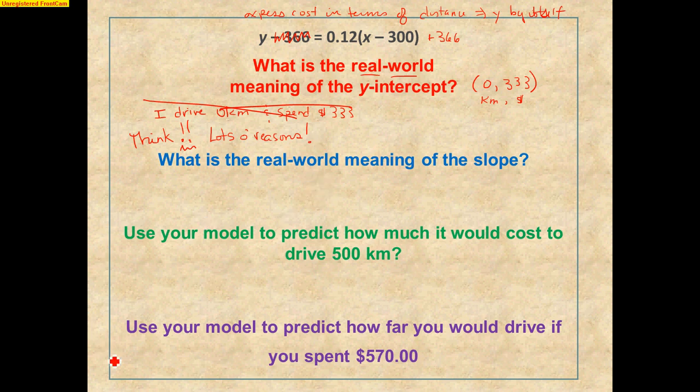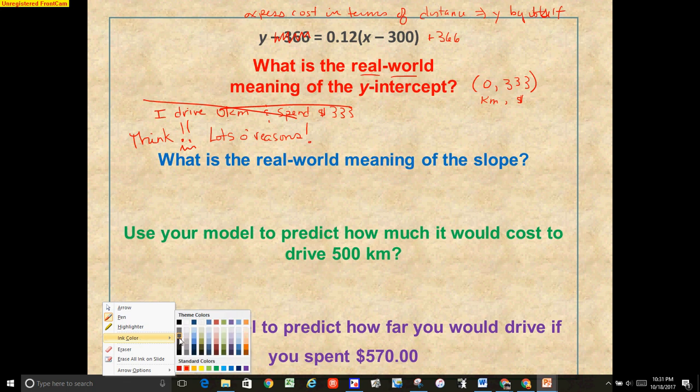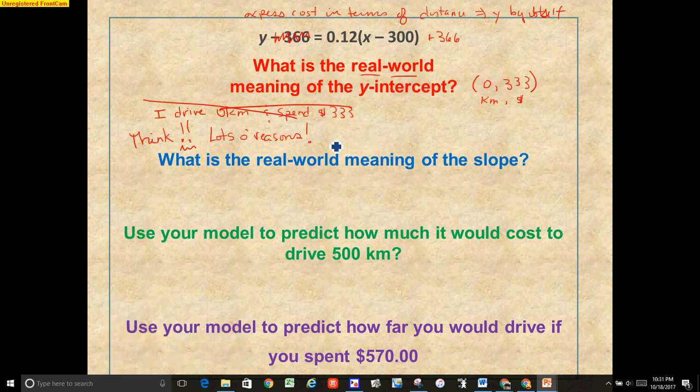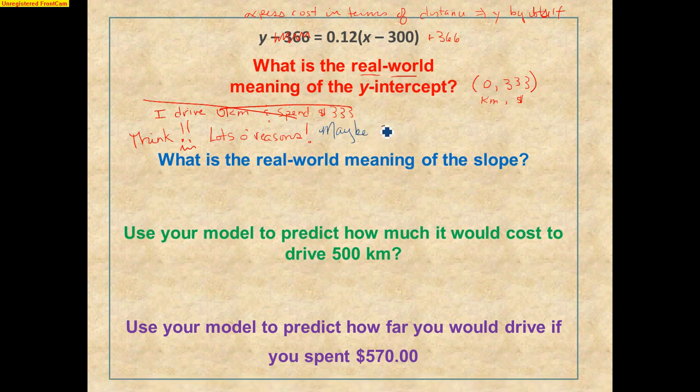So here are some examples. You could say things like, maybe $333 was the cost of the car. I mean, who knows? Maybe you got a clunker from your grandfather, right? And he only charged you $333. Maybe, what else could it be? Maybe $333 is the insurance. Maybe the $333 is the cost of the gas you have to pay per month.